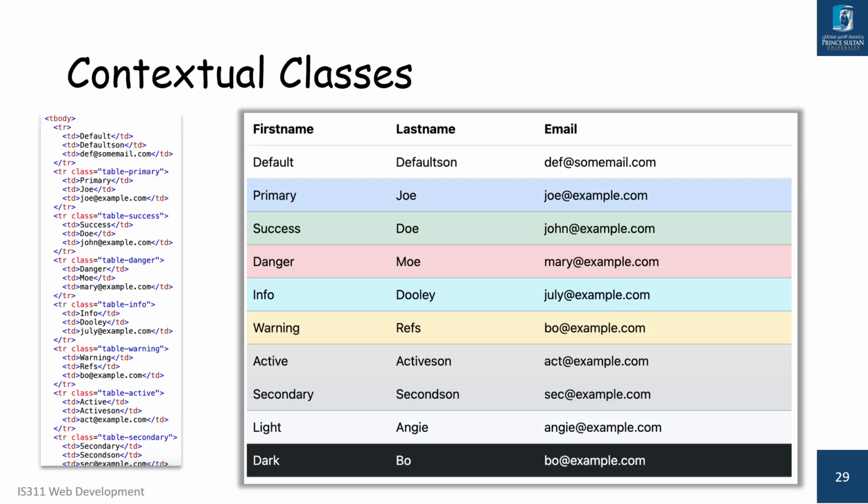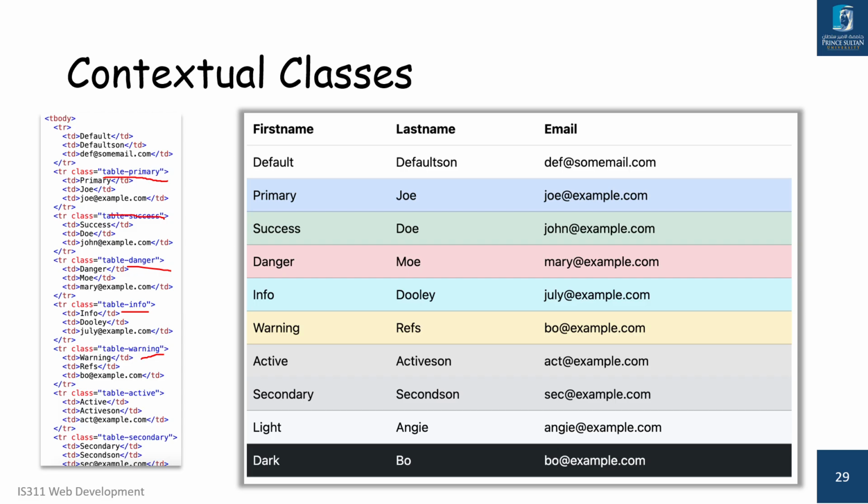We can also apply the table background colors. So for table background, we are specifying the style like this: table-primary, table-success, danger, info. So we are applying the background color on the row, but we can also apply it on the cell, TD or TH.